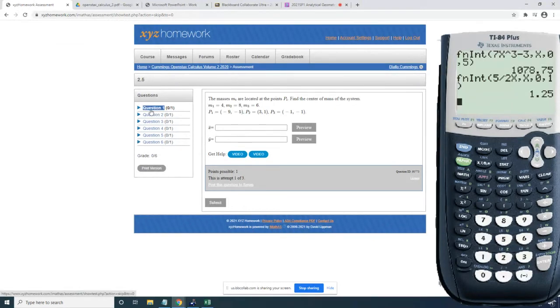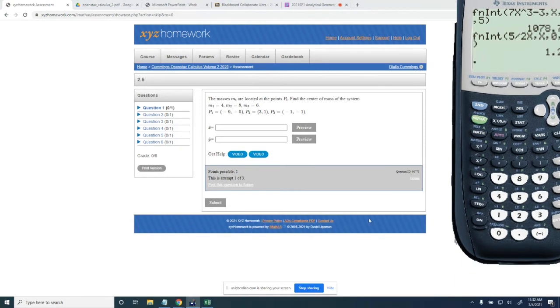So what I want to do in this section is go through the very first problem. Then next week, we'll go through the other set of problems, because these things are really long-winded.